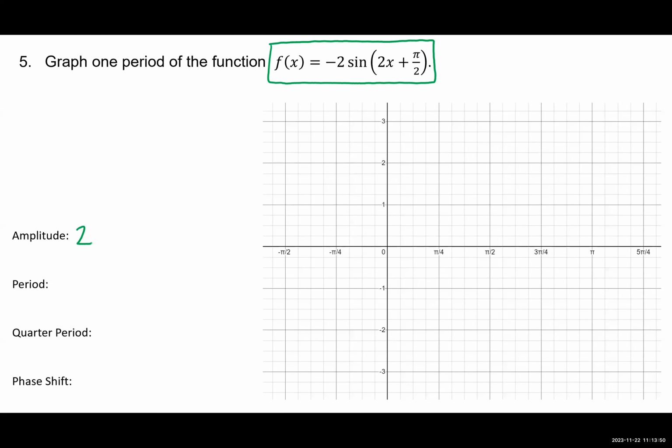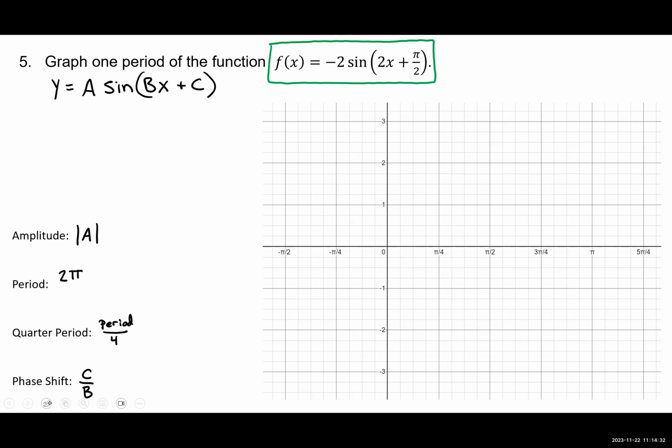So our amplitude is going to be 2. Our period is going to be 2. So let me just sort of review all of these, so where these calculations are coming from. And the phase shift is going to be C over B. All right, so we've got y is equal to a sine bx plus c.